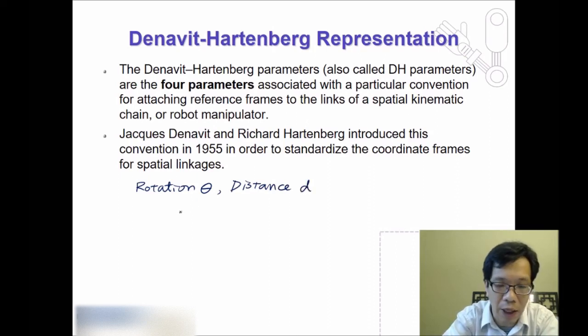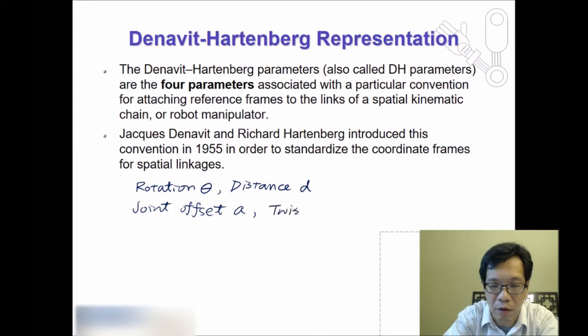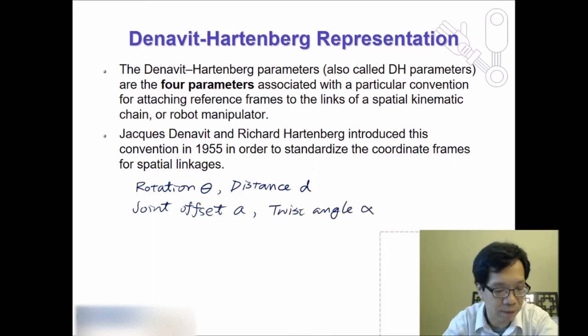And also we got the joint offset, that is going to be defined as a. And also we got twist angle, which is defined as alpha. So let's talk about those a little bit.